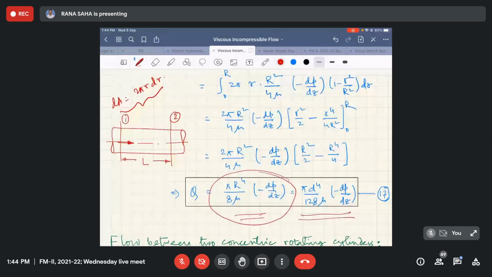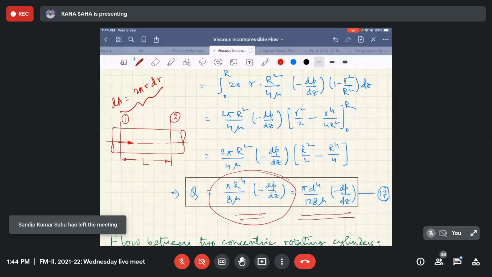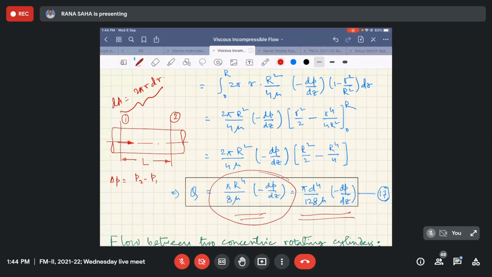So if you are able to find out P1 and P2, in this particular form, whatever we have written, here you need to write the pressure drop, delta P, as P2 minus P1, not P1 minus P2, because P2 minus P1 you will get negative.